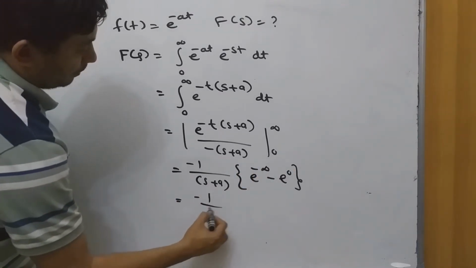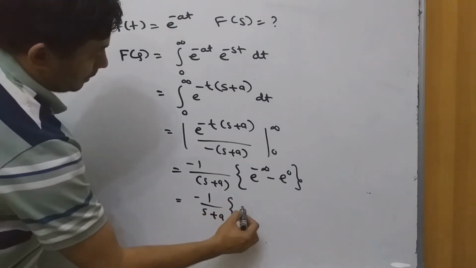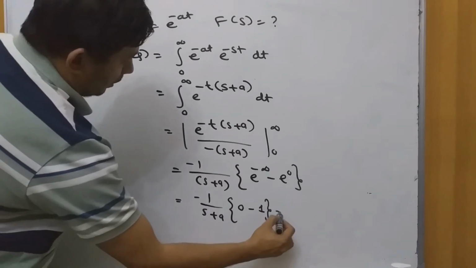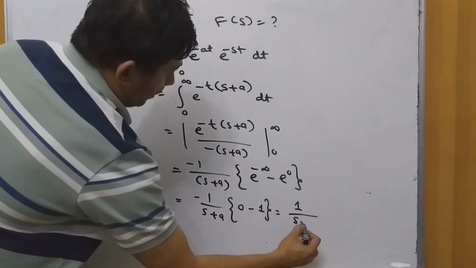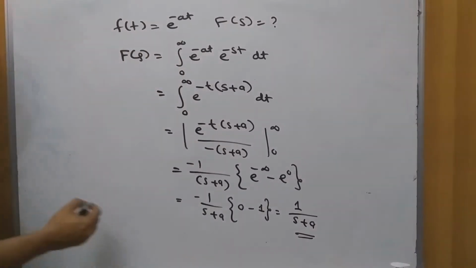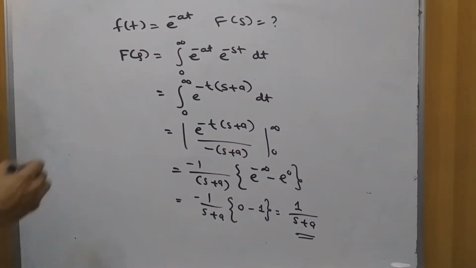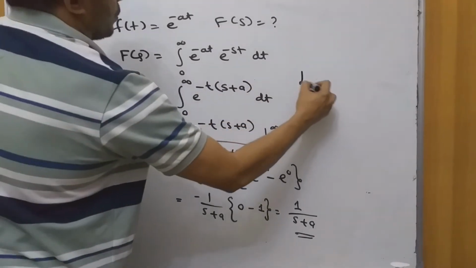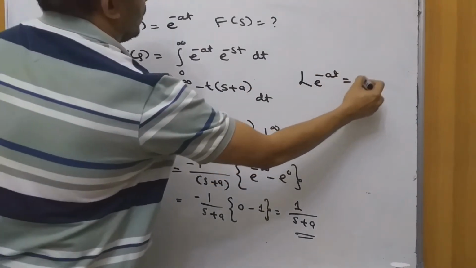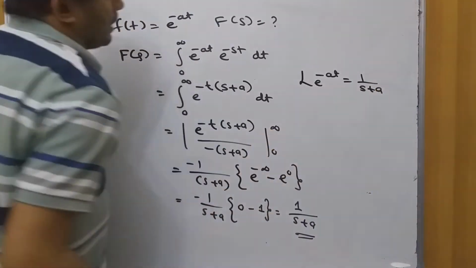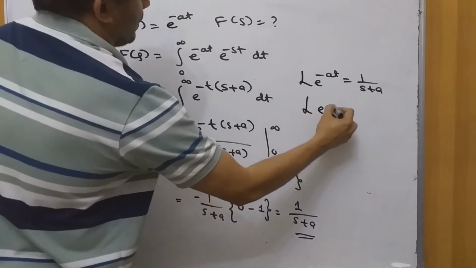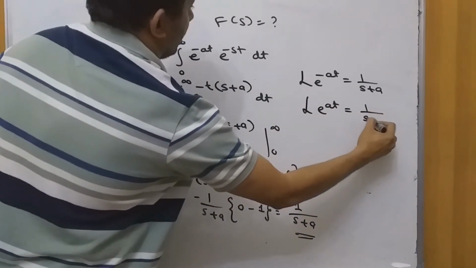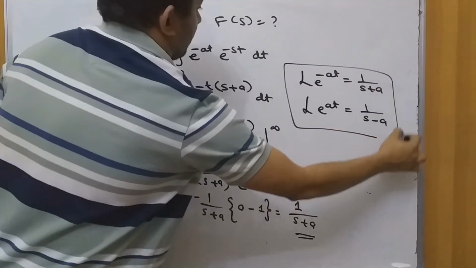This will make 1 by s plus a times 0 minus 1. If you simplify, this is going to be 1 by s plus a. So the Laplace transform of e raised to minus at is 1 by s plus a. If that is the case, the Laplace transform of e raised to at will be 1 by s minus a.